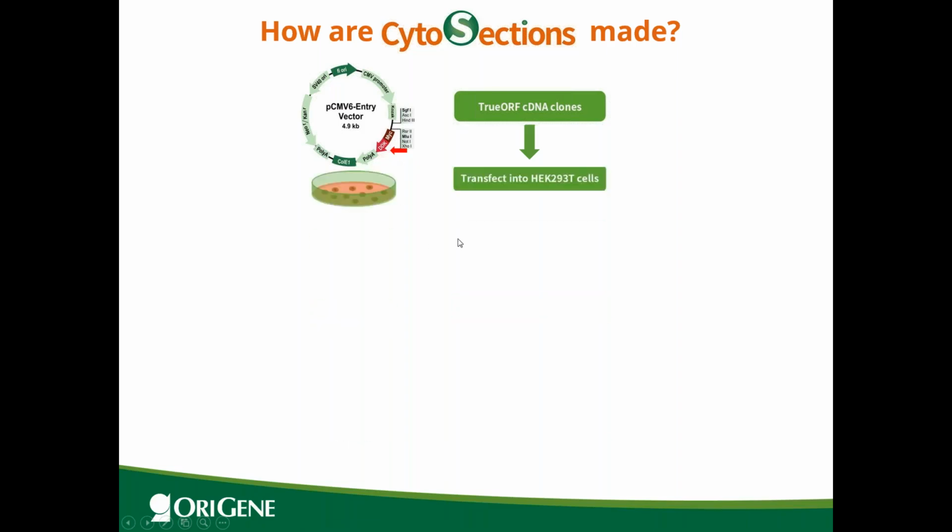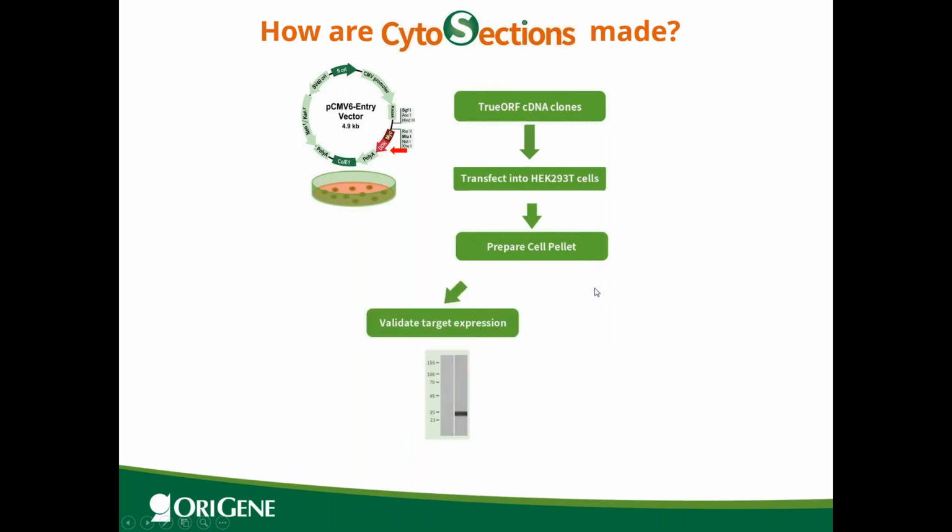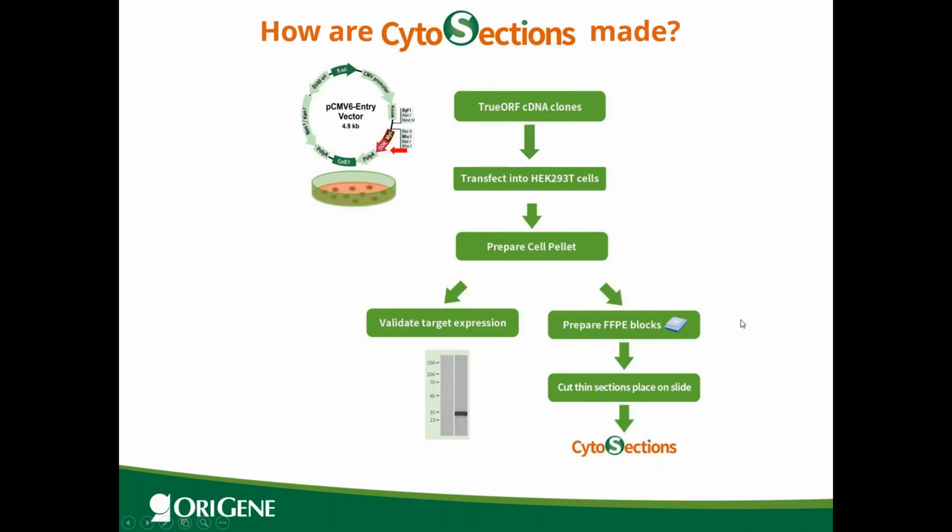These clones are transfected into HEK293 cells, cultured for 24 to 48 hours, and the cells are pelleted and verified for target expression using a Western blot. After target validation, these cell pellets are fixed and then embedded in paraffin to prepare FFPE blocks. Thin 4 to 5 micron sections are cut and placed on Superfrost slides to generate cytosections.